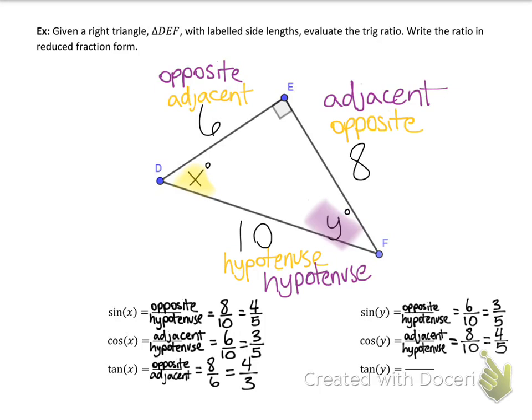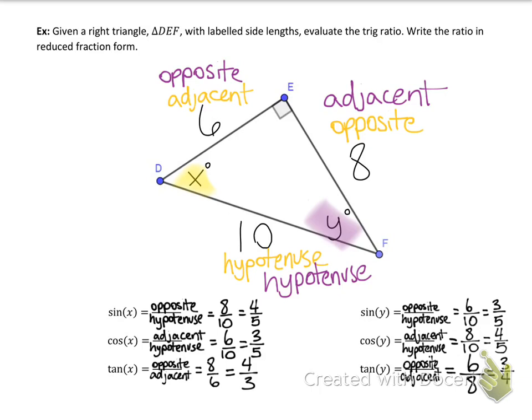And then the tangent of the angle of y degrees is equal to the ratio of the opposite over the adjacent, which in this example is equal to 6 over 8, which can be further reduced to 3/4.